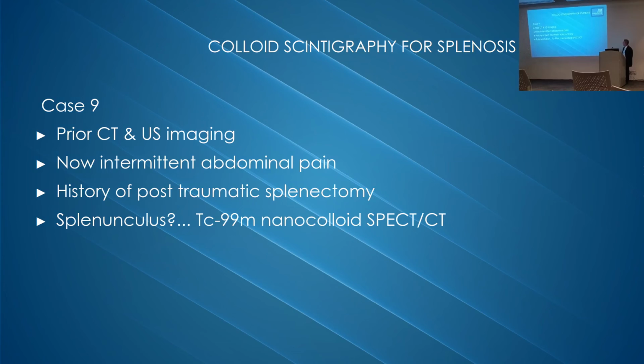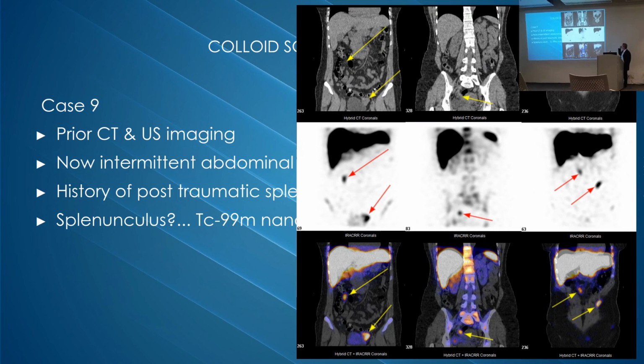Okay, and this is actually the last one. CT and ultrasound imaging, intermittent abdominal pain. This was particularly in the left iliac fossa, traumatic splenectomy, query splenunculus. Straight to the money shot. Note the not enlarged.